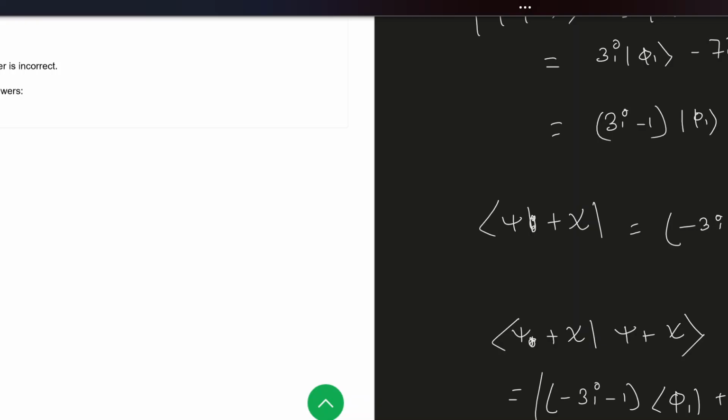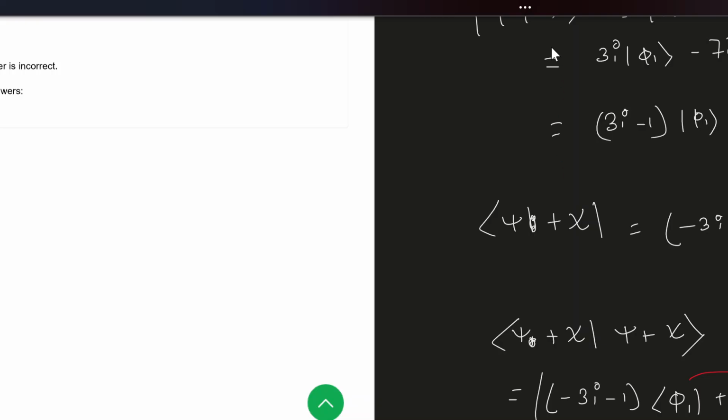Because you already know that the cross terms will give you 0, that means phi 1 to phi 2 will give you 0, and phi 2 to phi 1 is also 0, because they are orthonormal, means orthogonal plus normalized. Only the relevant terms are phi 1 to phi 1, that gives you non-zero and 1, and phi 2 to phi 2, non-zero and 1.